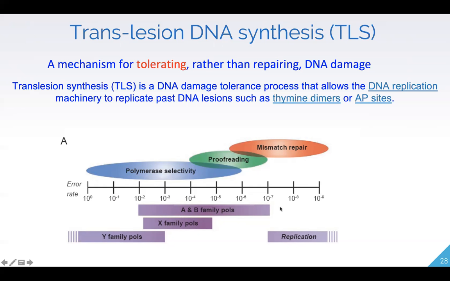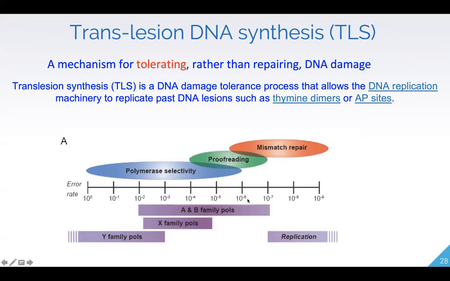So we know that the cells have different types of polymerases. For example, we know that the normal DNA polymerases alpha, delta, and epsilon belong to DNA replication, and they have a very high fidelity rate. They only make one error in every million or more events.